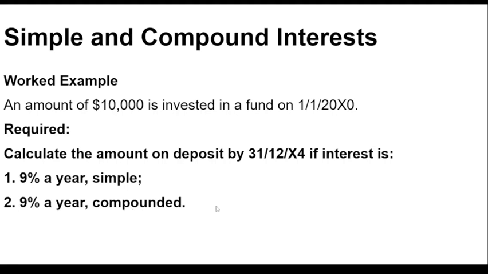So first, we calculate the simple interest on this investment in the fund as at 31st December 20x4. So you are calculating the future amount. Then you have to calculate the future amount as at this date on a compound basis. So let's look at the solution.